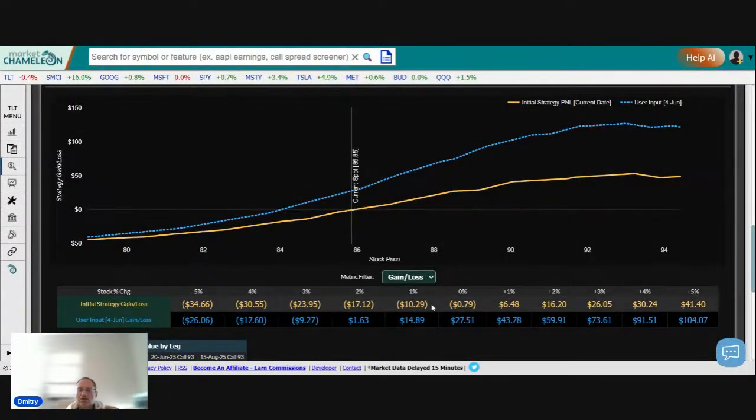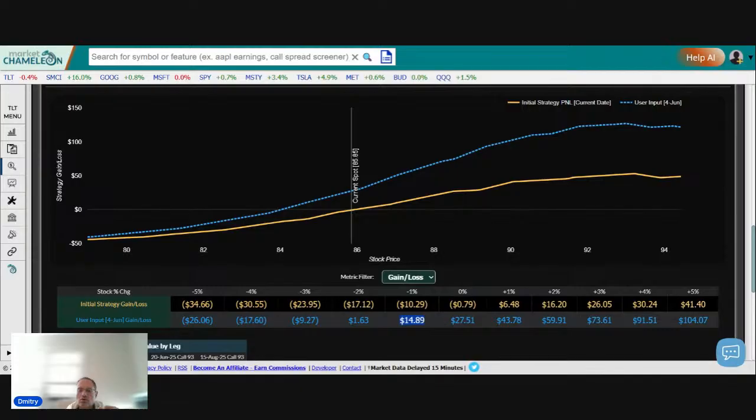So you could see here that now we're gaining much faster. We're gaining even to the downside. We're gaining even on a 1% downside move. We're still gaining because that delta that we lost was offset by the implied volatility increase. If we go down even 2%, we're almost break even.